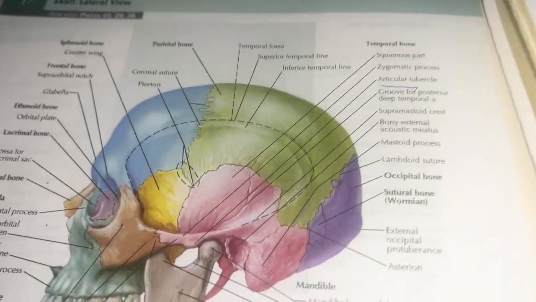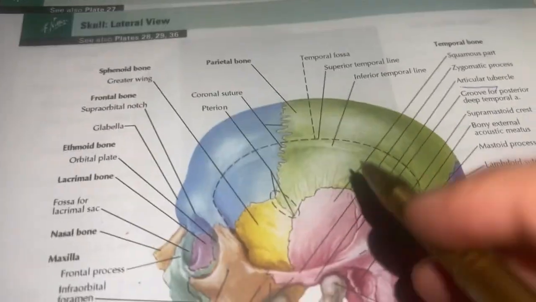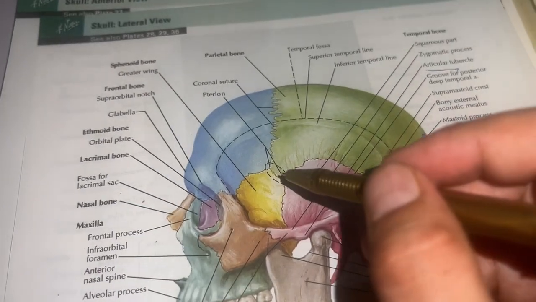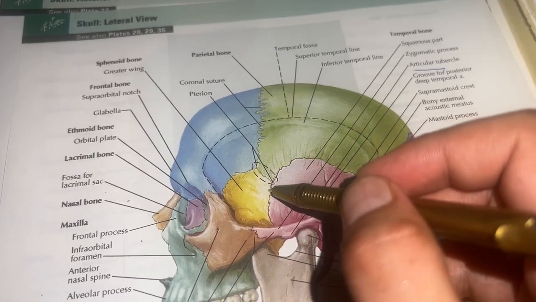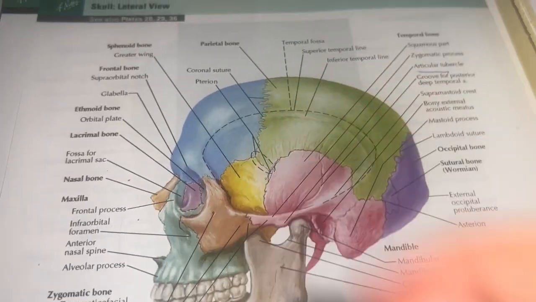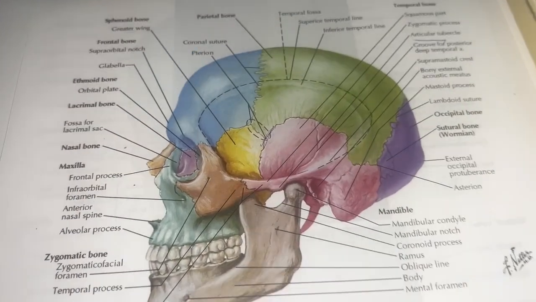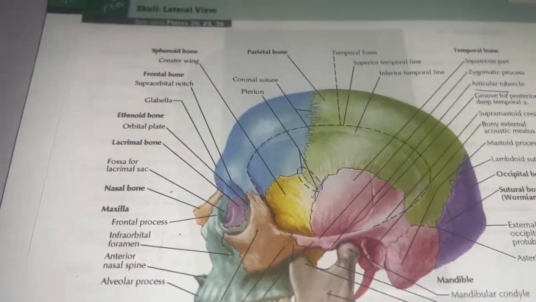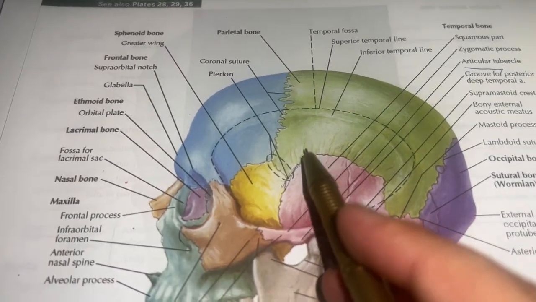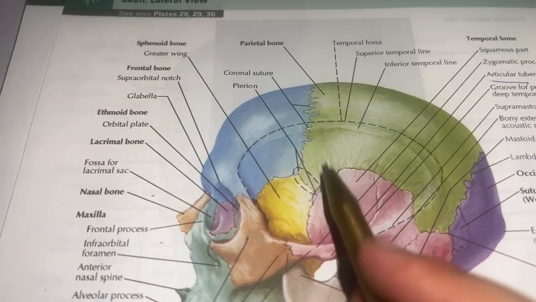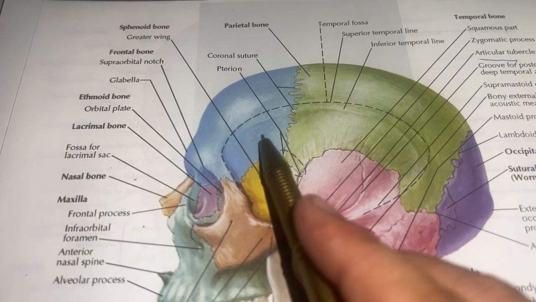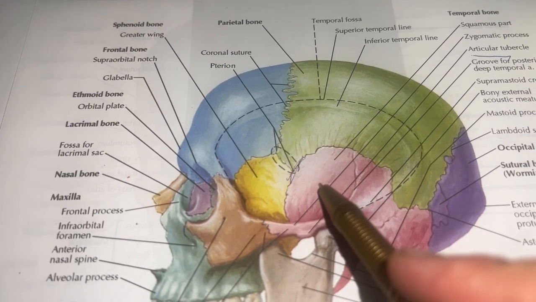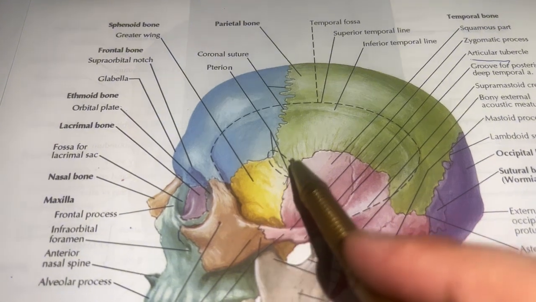Now, this is an H-shaped bony landmark, or H-shaped suture. This is one of the important landmarks. It is called Pterion, and it is formed by the meeting of four bones: the frontal bone, parietal bone, temporal bone, and greater wing of sphenoid.